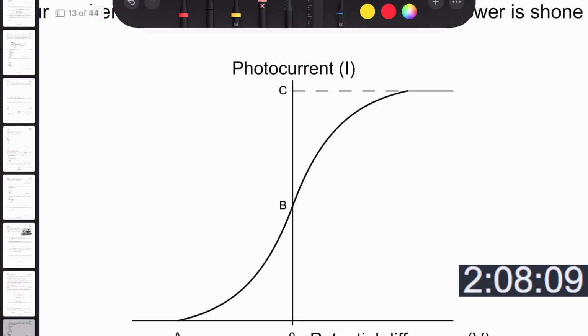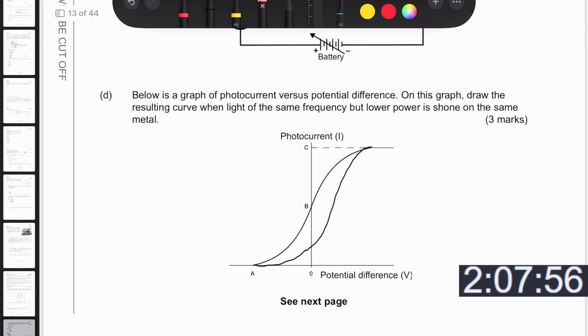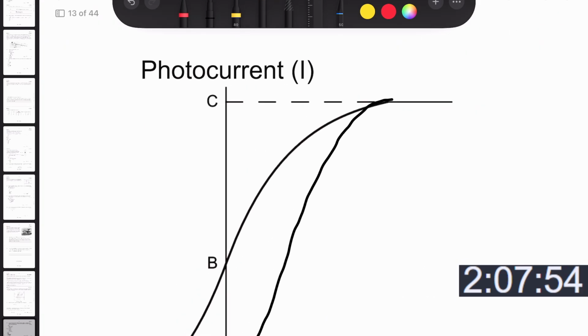So the photocurrent will be lower overall, but it'll reach the same potential difference because they're going to have the same maximum energy.